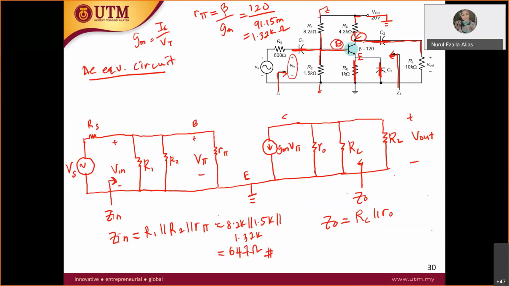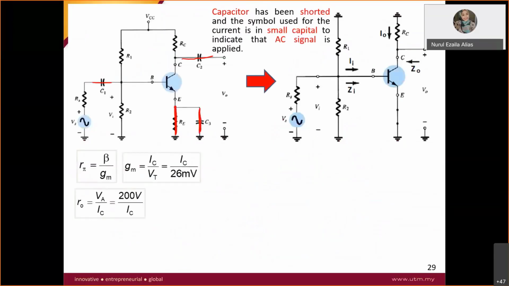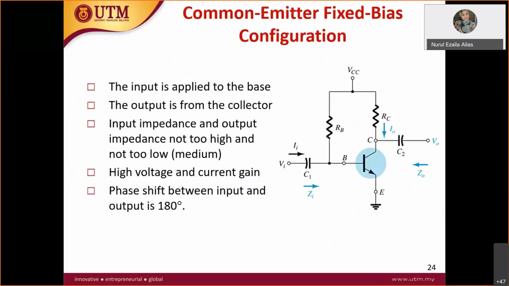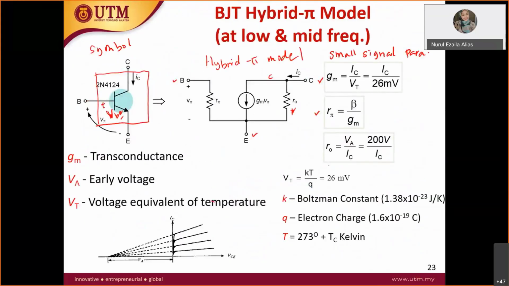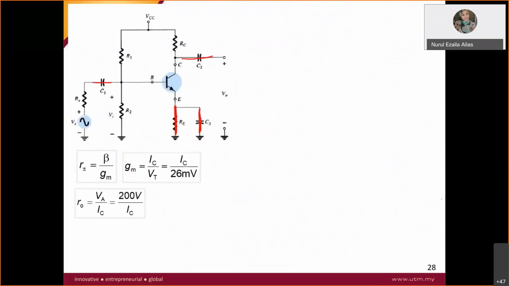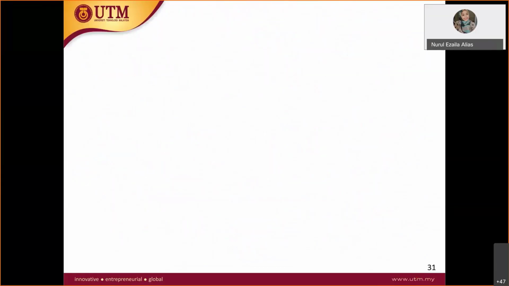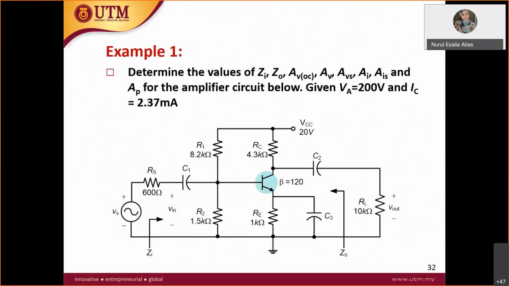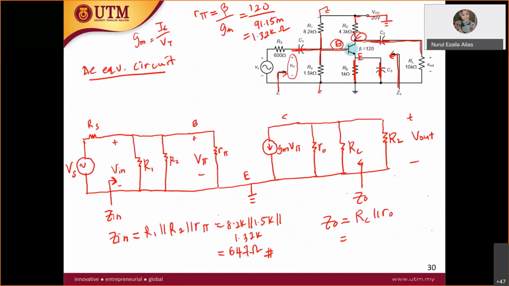Now Z out. R0 is equal to VA over IC, as you can see there. VA is given as 200. Therefore you can calculate your R0. R0 is equal to VA over IC, which gives 83.39K ohm.